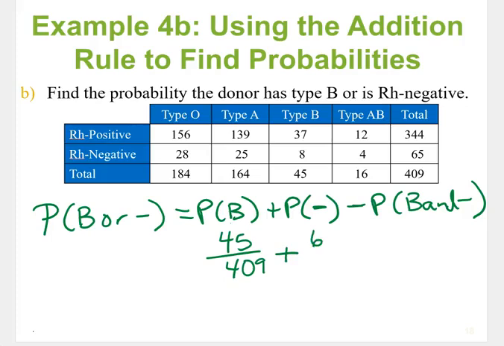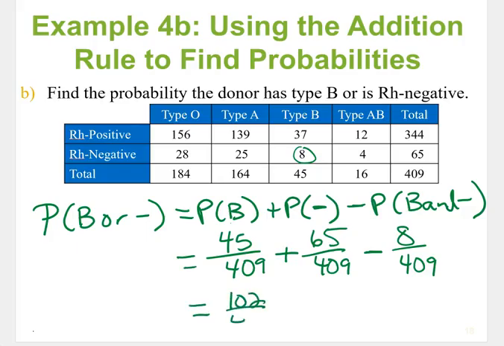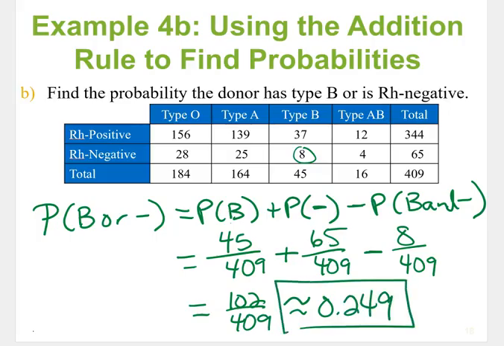There are 65 people out of the 409 that were Rh negative, and then subtract the overlap, which is these right here, type B and Rh negative. So 8 out of the 409. So add those all up, and you get 102 out of 409. If you can simplify that, do, but I'm going to go right to that decimal, 0.249 approximately.